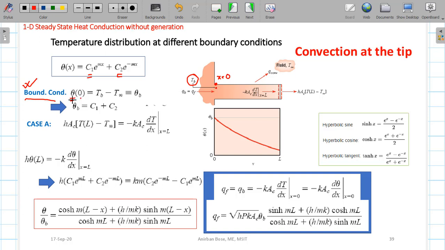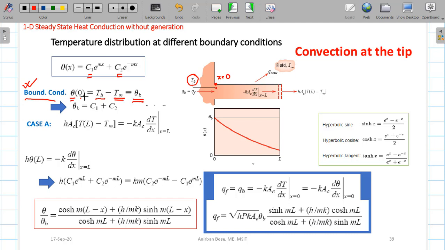The value of theta at x is equal to 0 will be T becoming Tb, that means the base temperature, minus T infinity. So we give it a name, theta b. Theta b indicates the value of theta at the base, which is nothing but Tb minus T infinity.